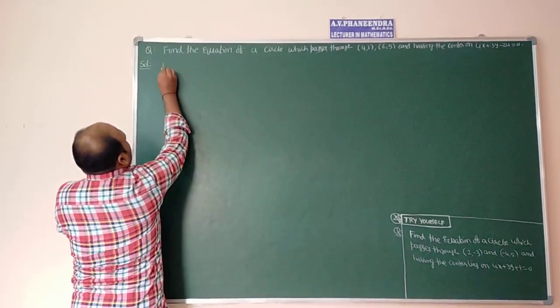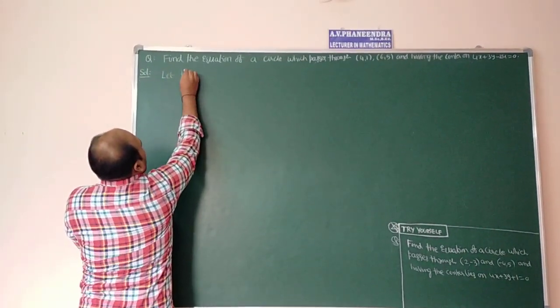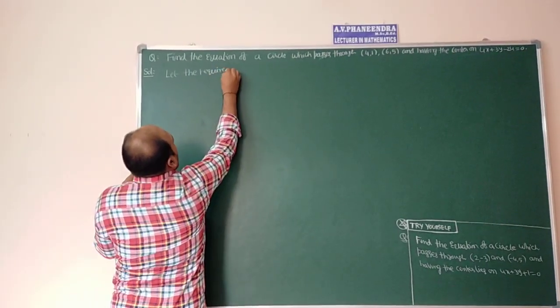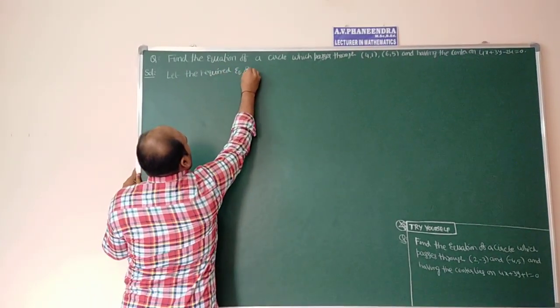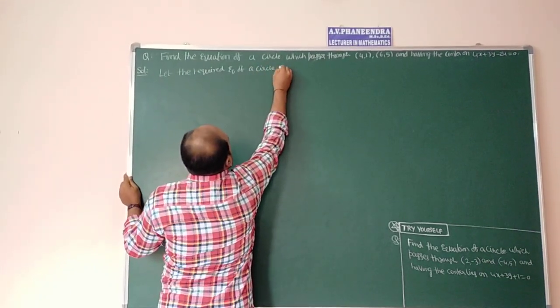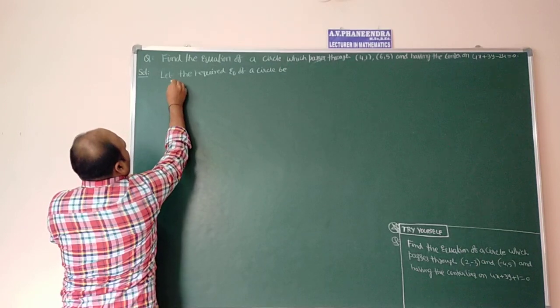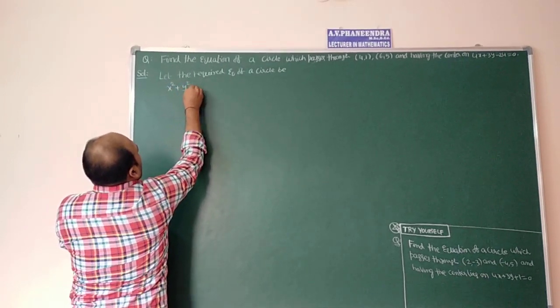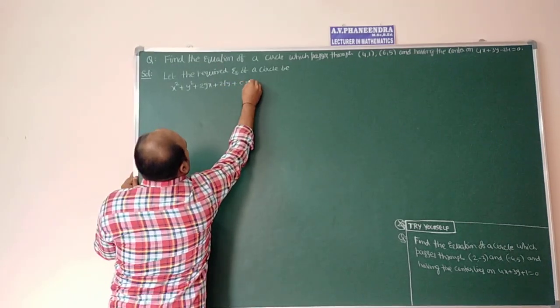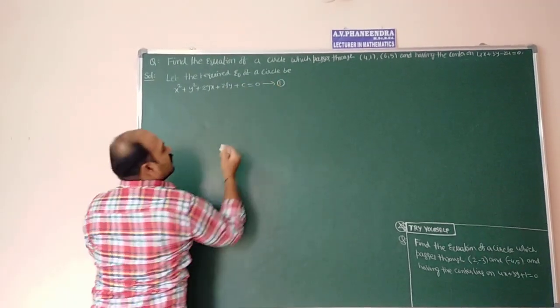Let the required equation of circle be x square plus y square plus 2gx plus 2fy plus c equal to 0. Put that as equation number 1.